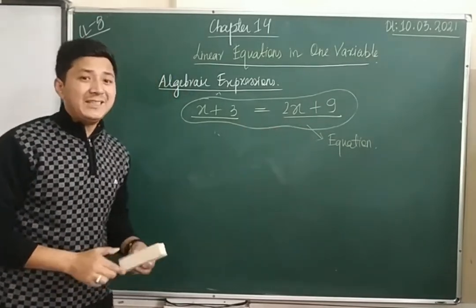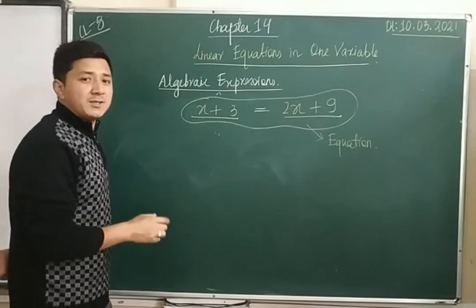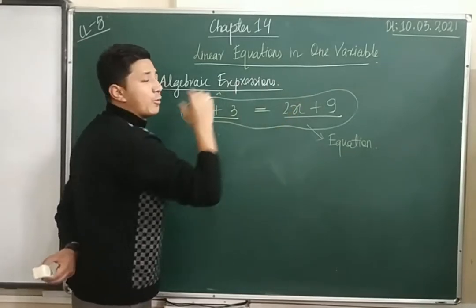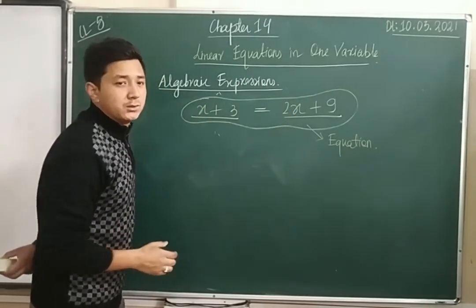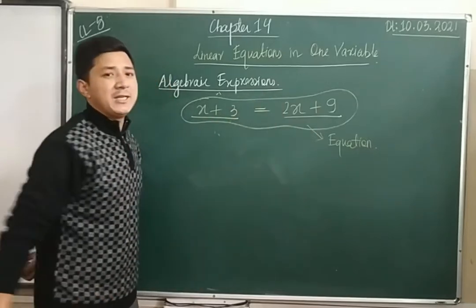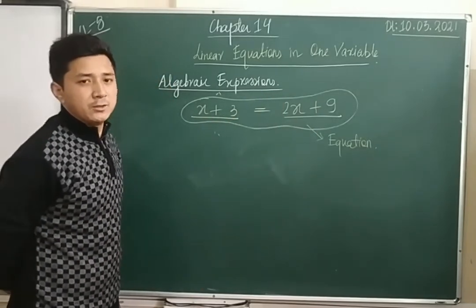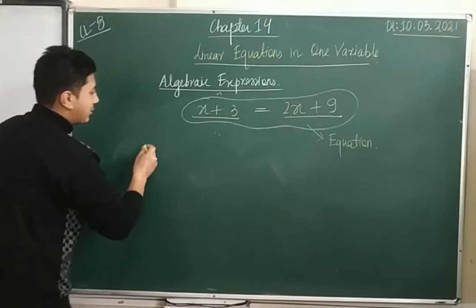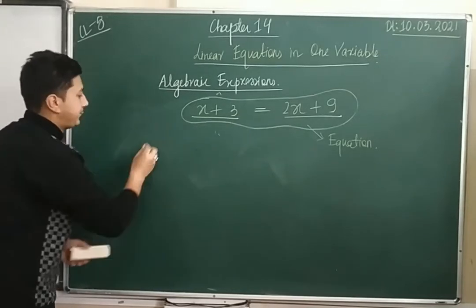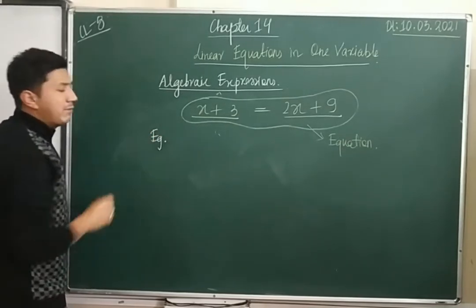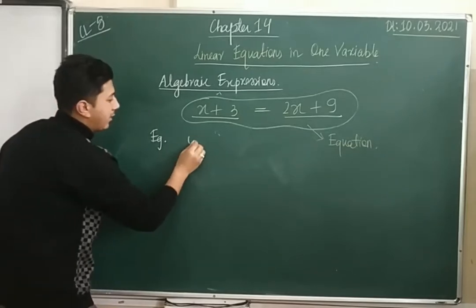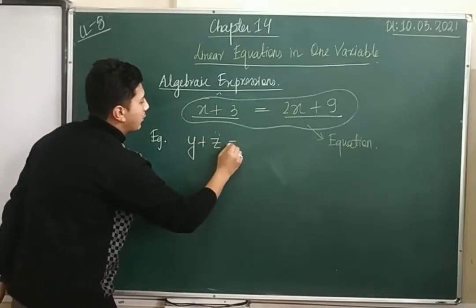So basically what is an equation? Equation means when two algebraic expressions are equal to each other, it becomes an equation. Clear? We can give so many examples here, and you can make your own as much as you can. For example, y plus z is equal to 5.